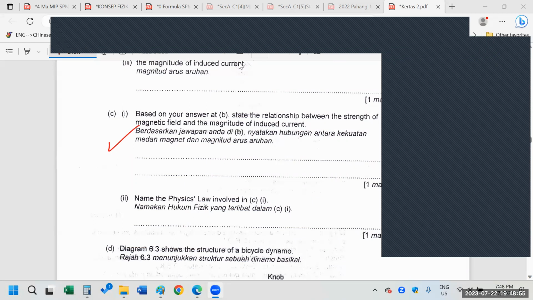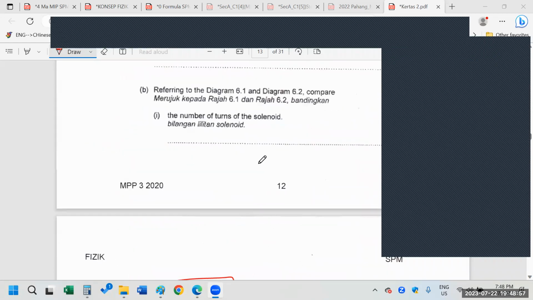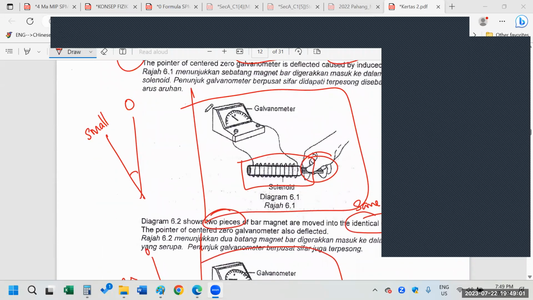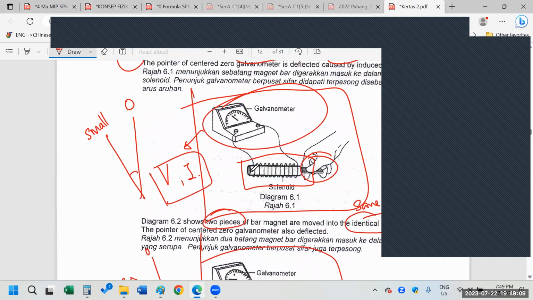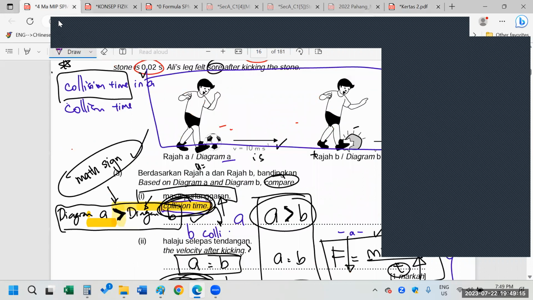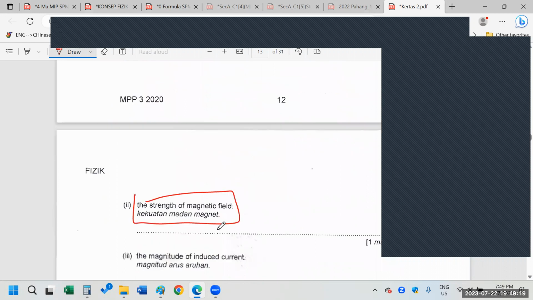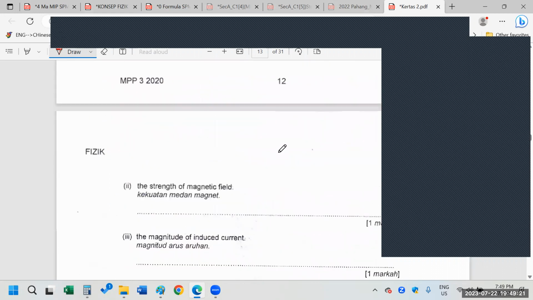What unit does galvanometer measure? You learn in chemistry, actually galvanometer can show either voltage or current. Okay, so I just want to show you, even if you haven't learned it, you can still score this question.